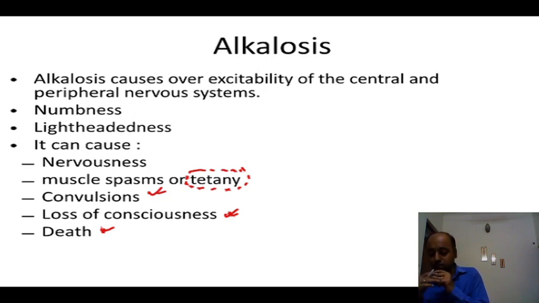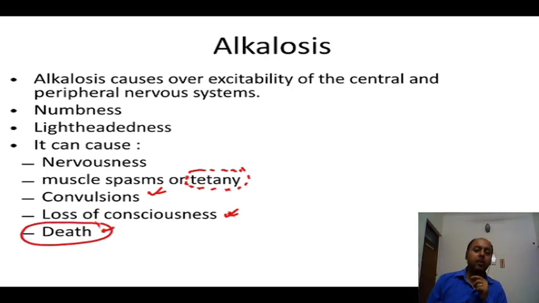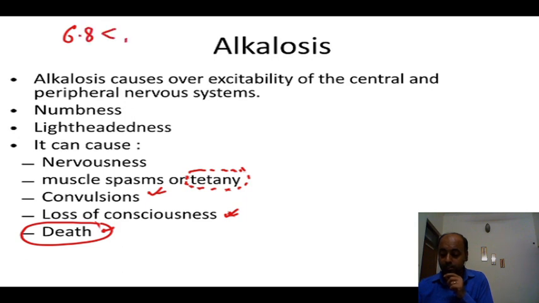Alkalosis is less common, but again, if untreated, as we have already said, acid base imbalances will definitely cause death. We had given the ratio ranges: if it is less than 6.8 or greater than 8, the patient will die.